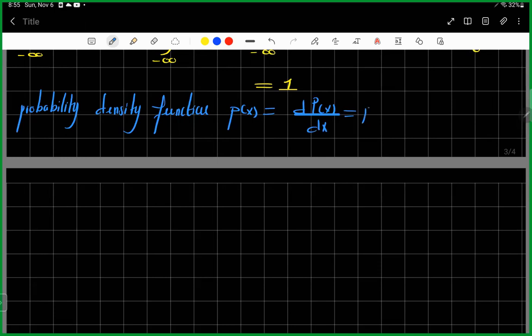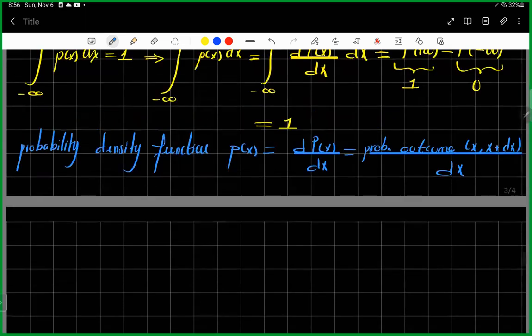I can write this as the probability of an outcome between x and x plus dx divided by dx. This is more or less how we can define a probability density function.